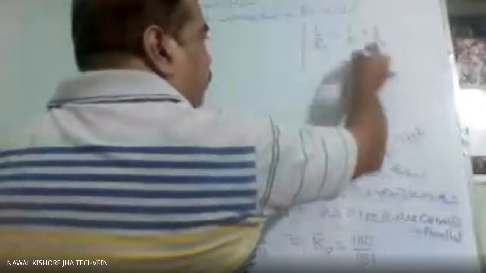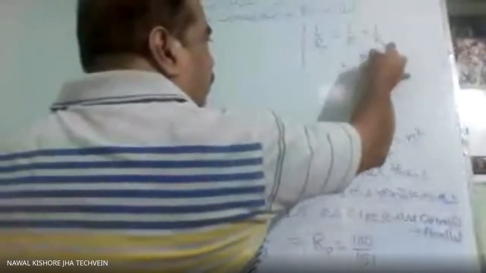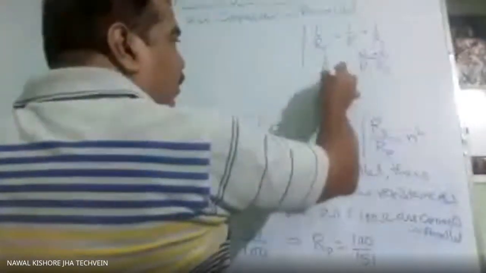So this R1 R2 will be the LCM. This is 1 by Rp. So what will be Rp? R1 into R2 by R1 plus R2. So frequently we will use this formula for two resistors.